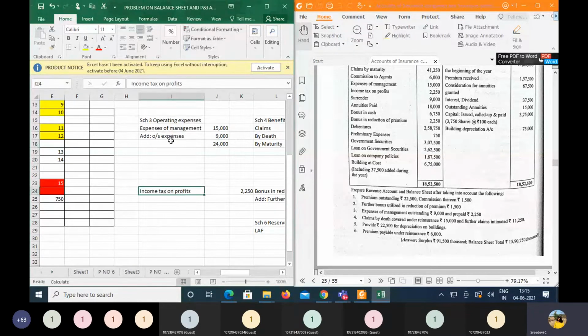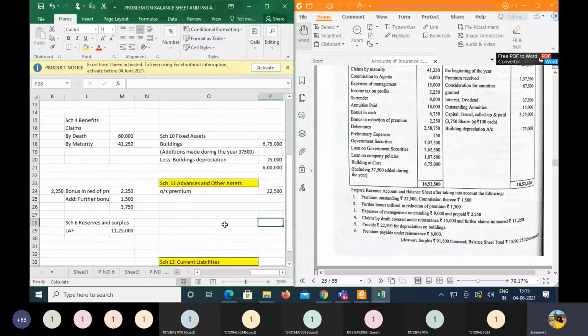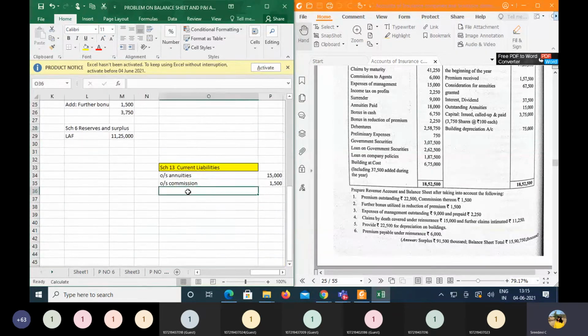Okay, and again the same amount of the expenses which are outstanding will be taken as a current liability. So here, outstanding expenses of management, that is 9,000 rupees, but immediately it's given as prepaid.